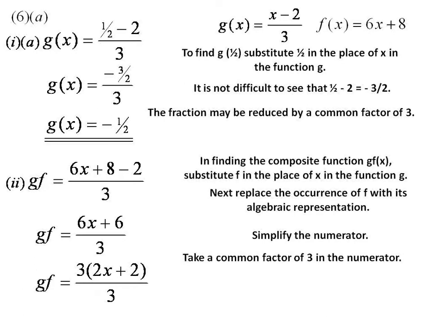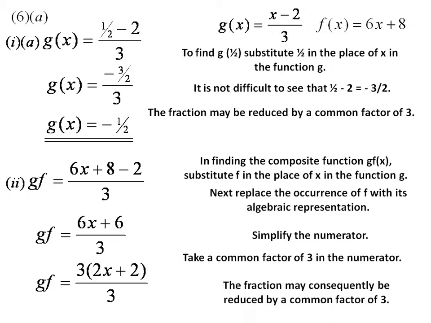And that we will divide by 3. When we do that, what do we know? 3 cancels 3, and we have 2x plus 2. The fraction may consequently be reduced by a common factor of 3. The 3's are gone. g of f is 2x plus 2.